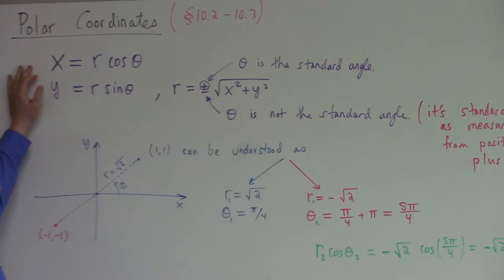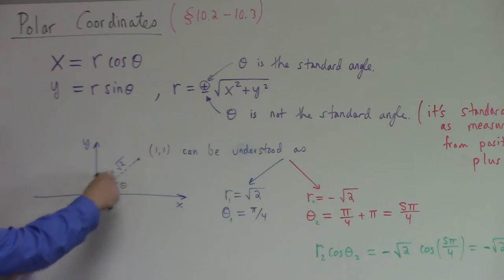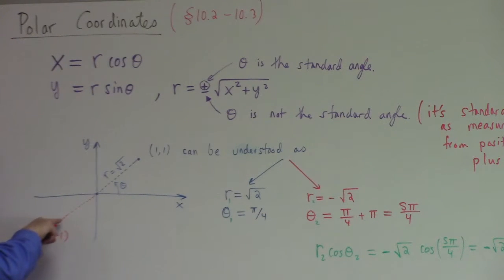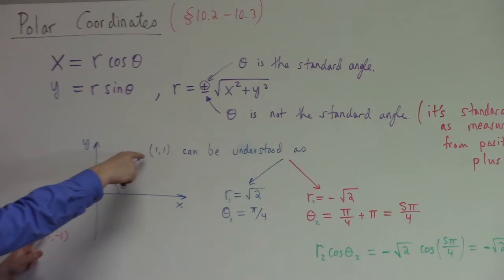But you could also be weird. You could say this point is really r equals minus the square root of 2 and theta equals pi over 4 plus pi, 5 pi over 4. So you could say that this point is at angle 5 pi over 4 with radius minus root 2.